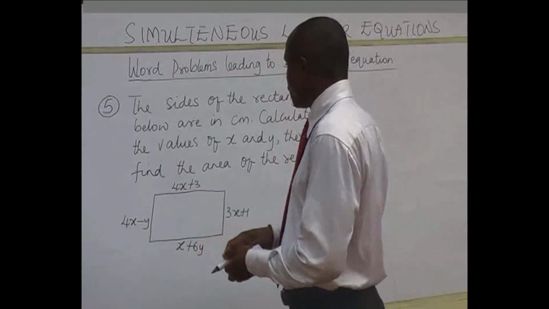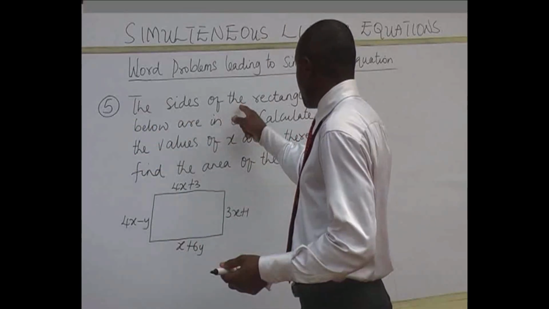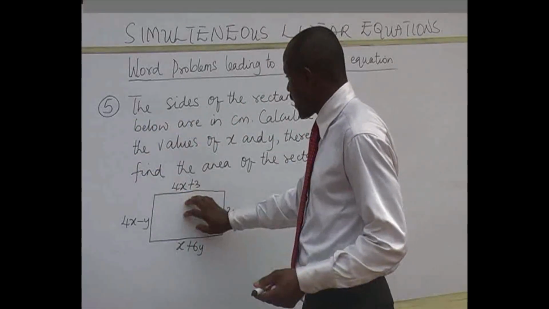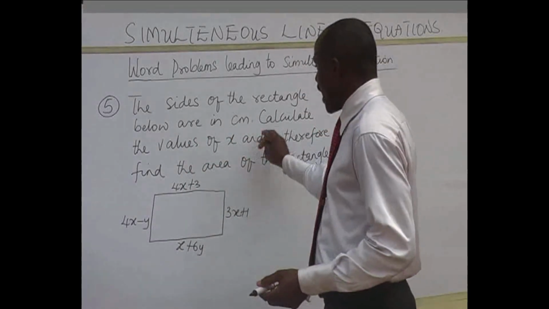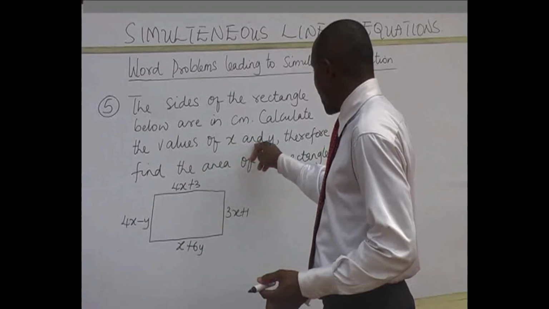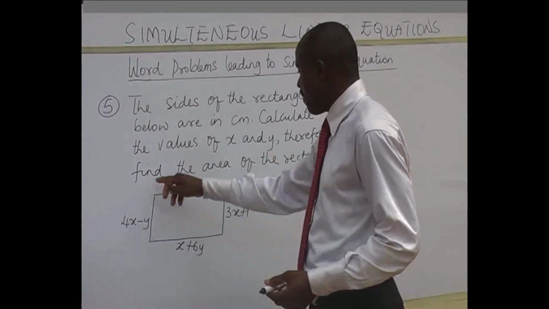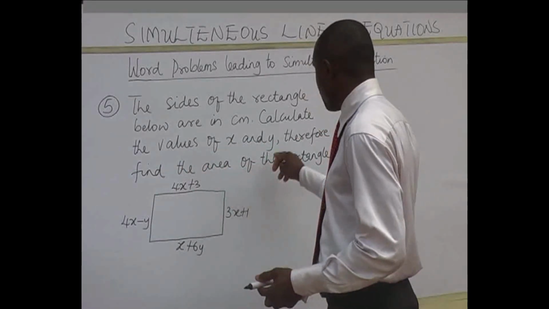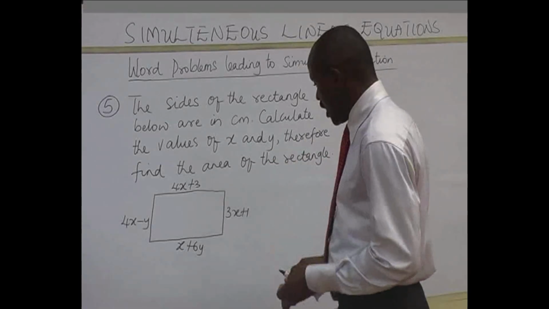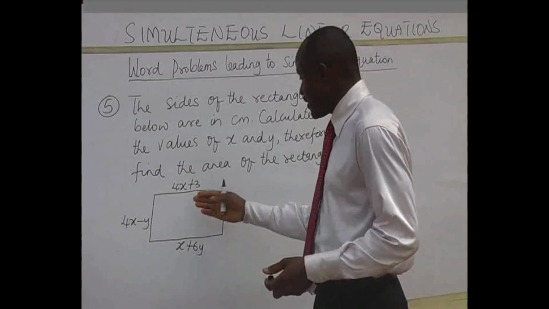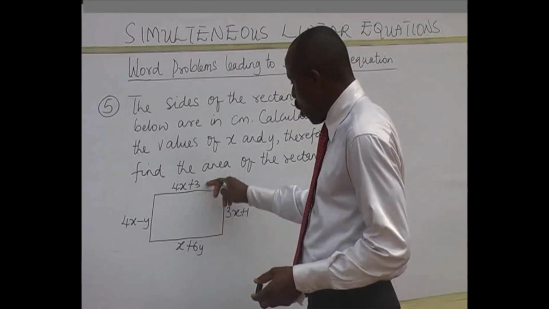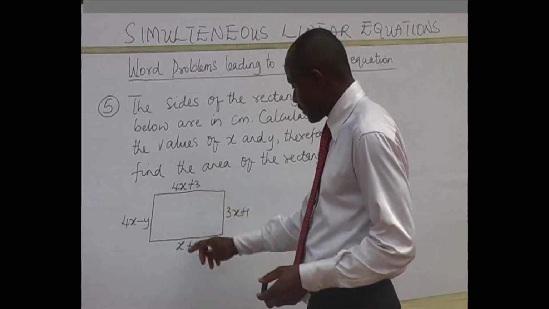Number 5 question. The sides of the rectangle below are in centimeters. Calculate the values of x and y. Therefore, find the area of the rectangle. If this is a rectangle, we all know that a rectangle has equal opposite sides.